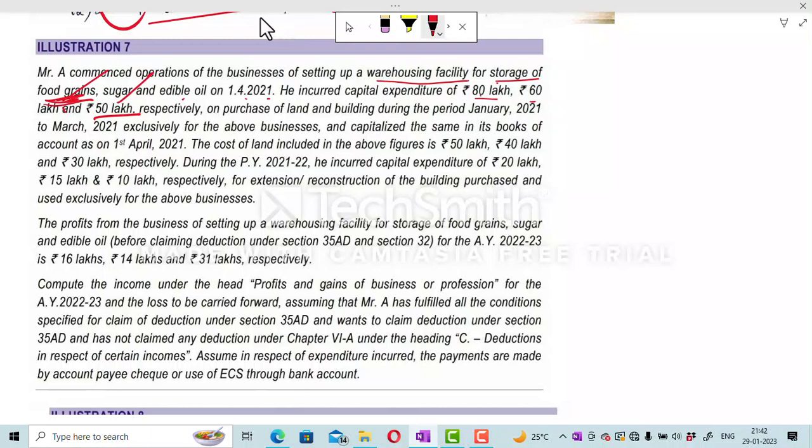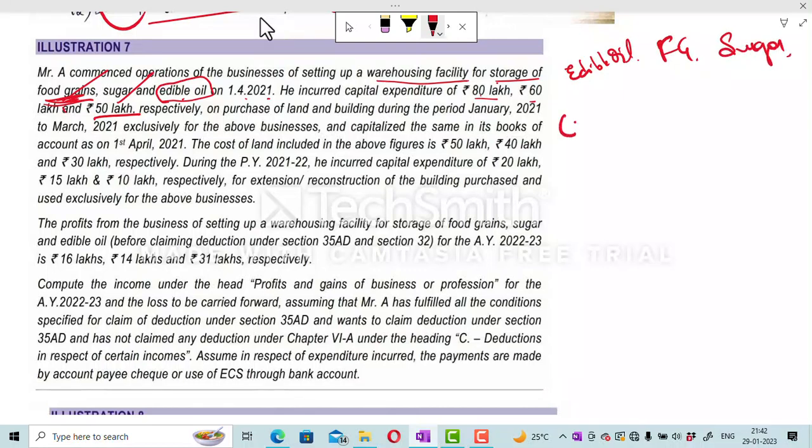Sugar is a specified business, warehousing of sugar. Edible oil is not an agriculture produce, nor sugar. So the storage facility given to that is not eligible for deduction under 35AD. Okay, so edible oil, food grains, sugar.